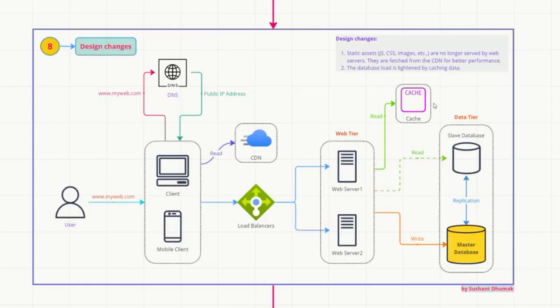Eviction means how we can remove certain items from the cache so that we can keep on serving responses. One is LRU, least recently used, where data that has not been used recently gets removed from the cache. That kind of policy is called an eviction policy.